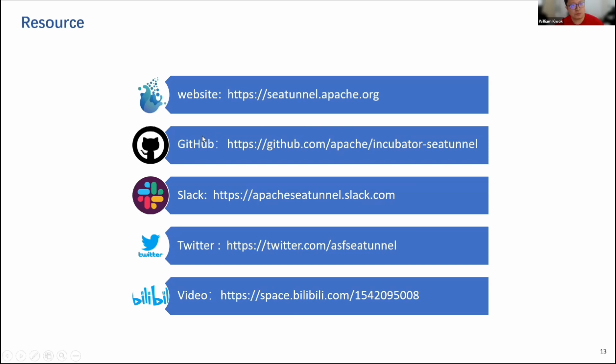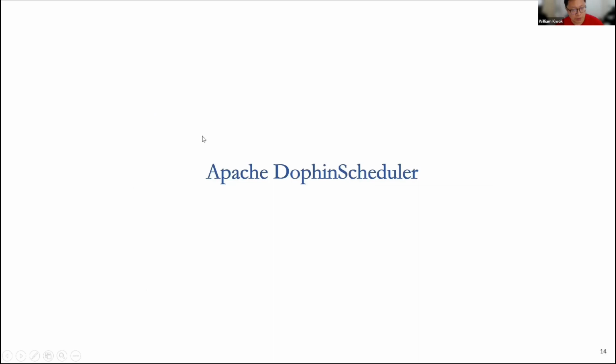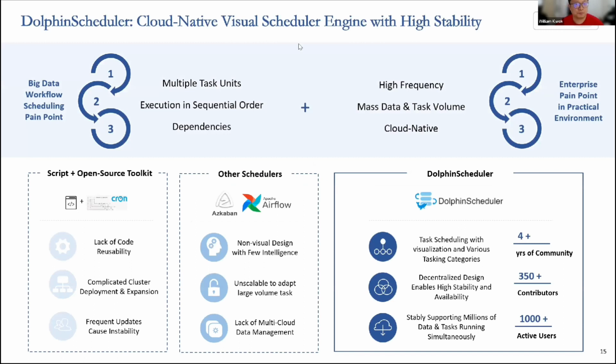The other project is called Apache DolphinScheduler. This is an orchestration tool. Actually, there are many other tools to do orchestration. In the old days, we could use crontab in Linux to do similar things, but it cannot support triggering dependency.